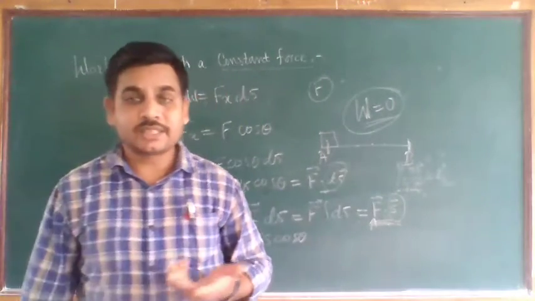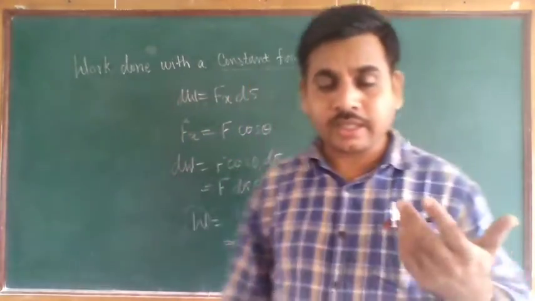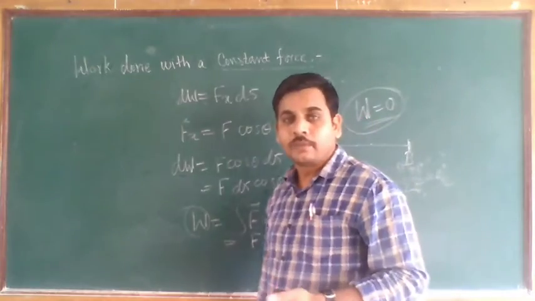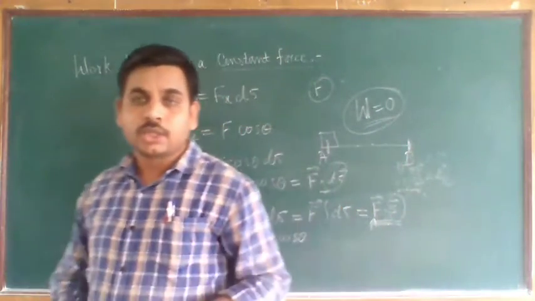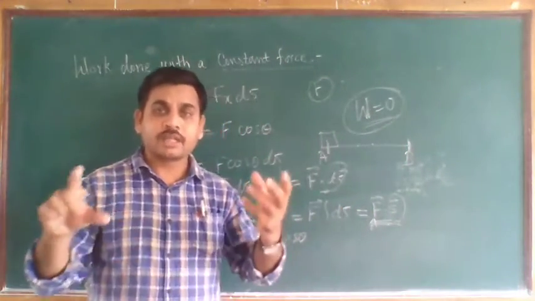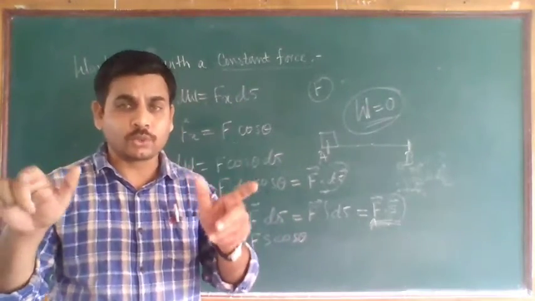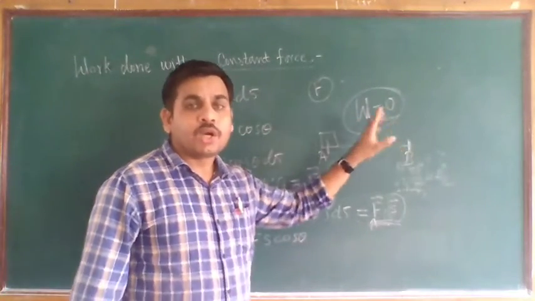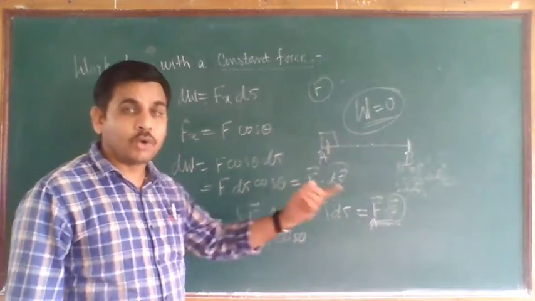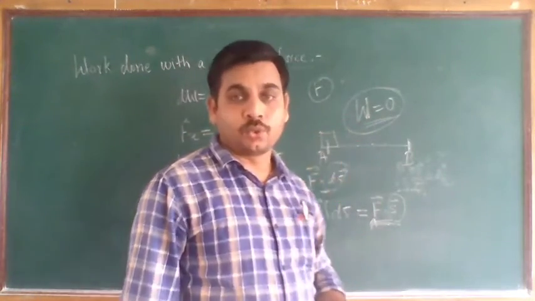If you want an example, you can consider the gravitational force between two massive bodies. In that example, for the round journey, the total work done on that body will be 0.